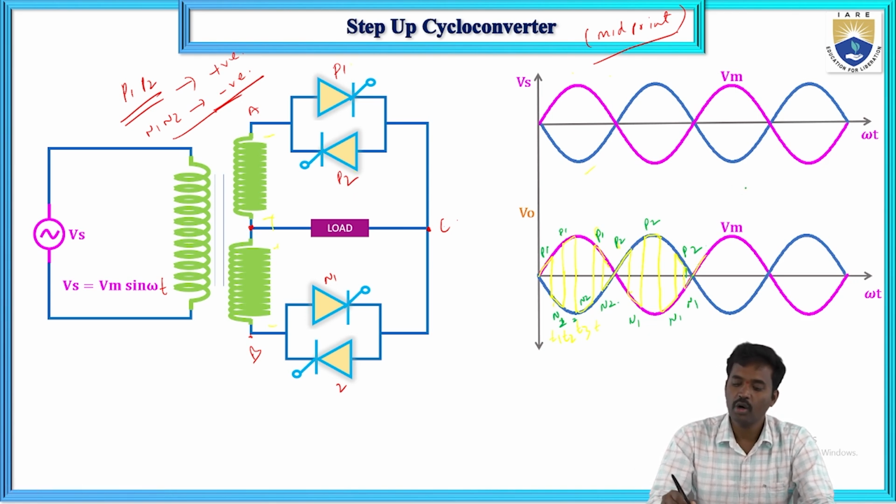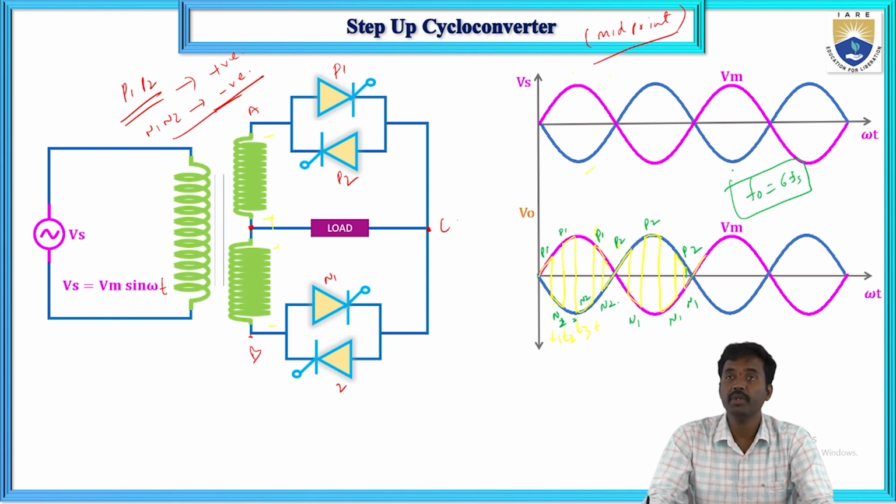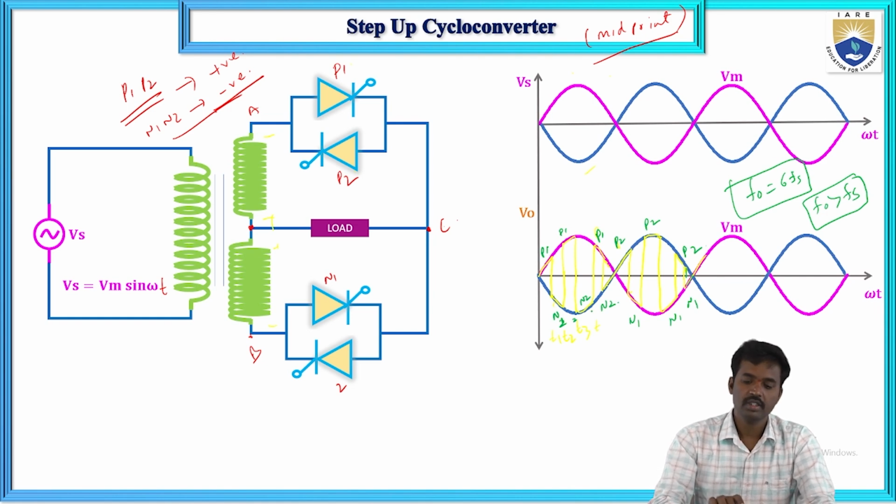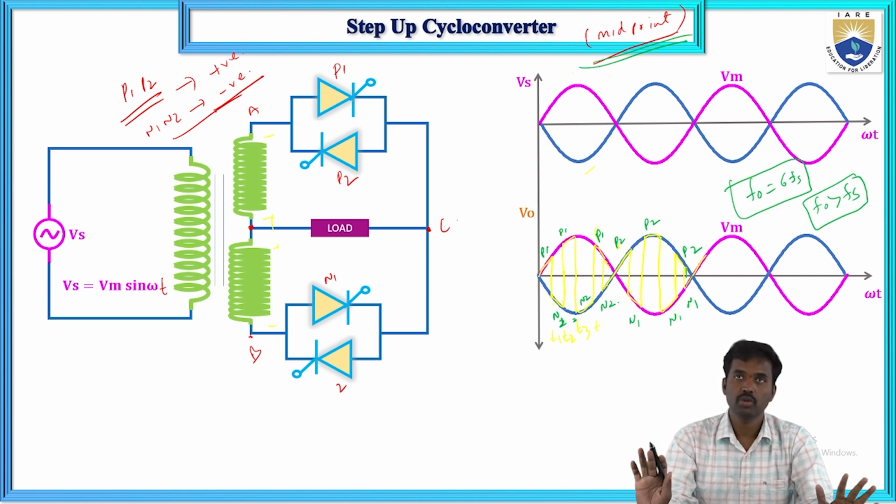So here output frequency equals 6 into Fs, so output frequency F0 is greater than Fs. This is the case for a step up cycloconverter with midpoint cycloconverter.